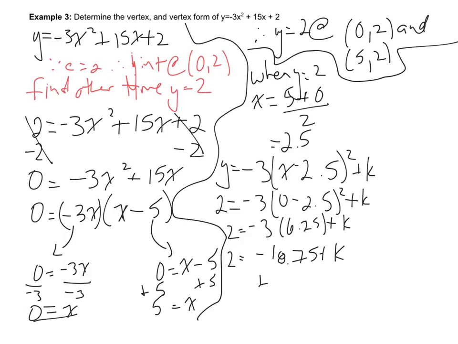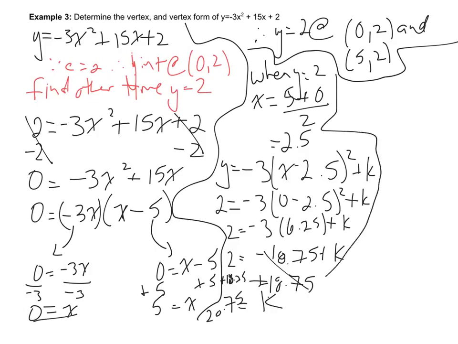I need to add 18.75 to both sides. Sorry about this, guys. Terrible production quality. So it's 2 plus 18.75, and so k equals 20.75.